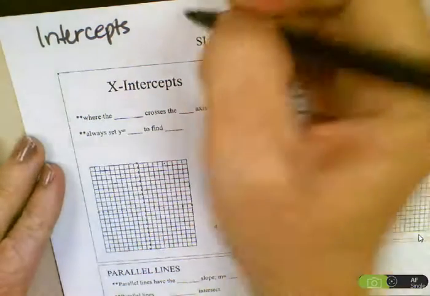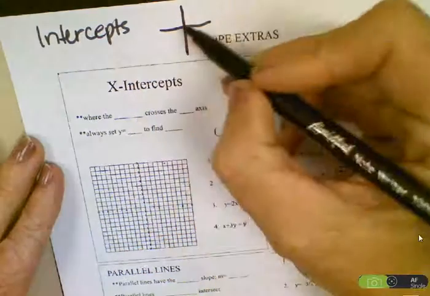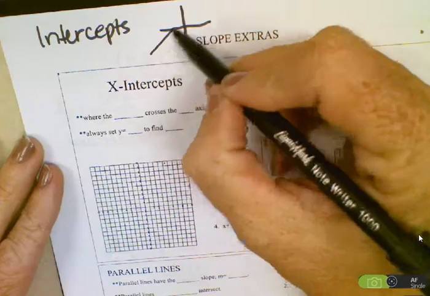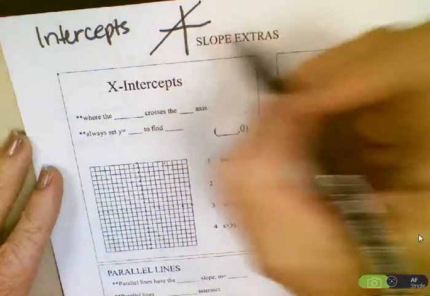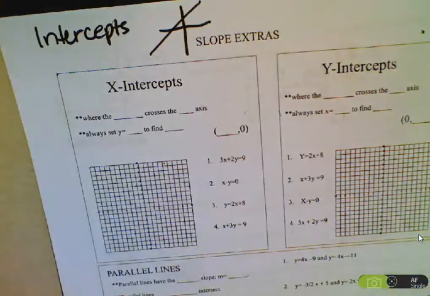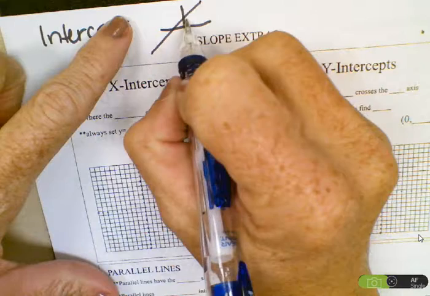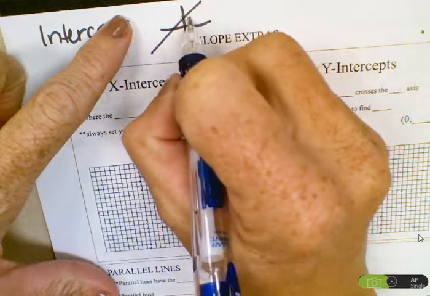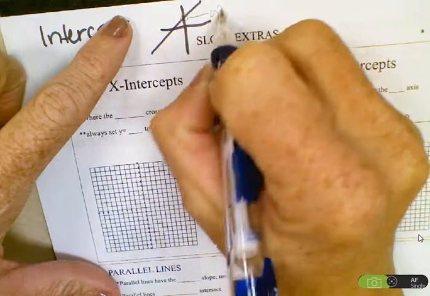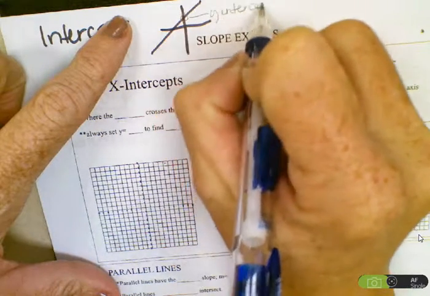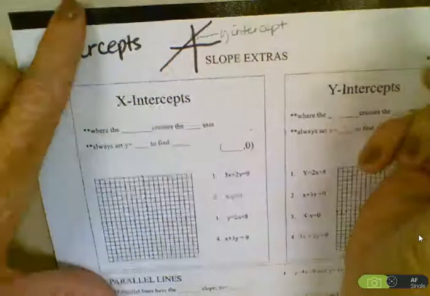So when you're thinking about a graph, here's your graph, it's where your line is going to cut through the axes. So wherever your line touches the y-axis, this would be called your y-intercept. Okay?